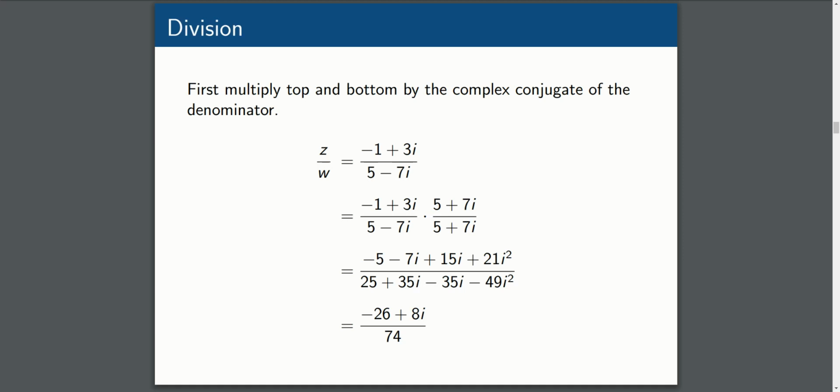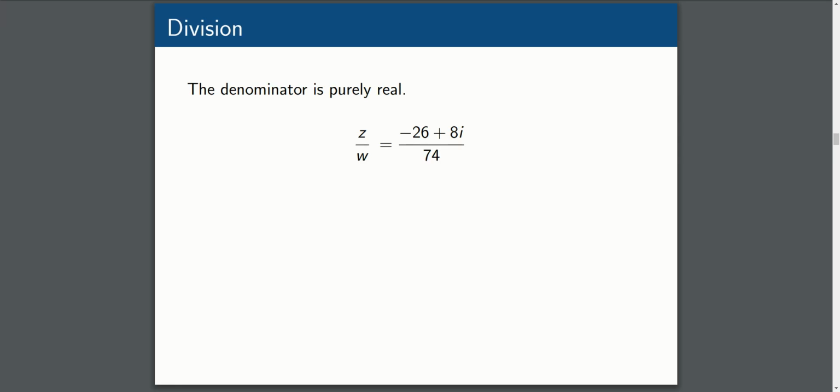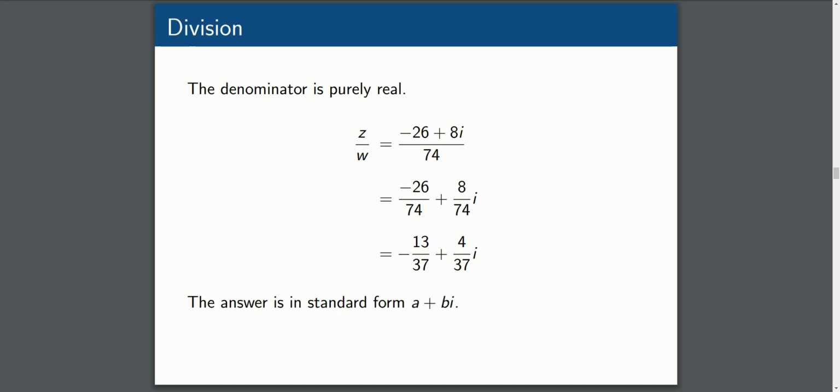This is the reason that I set the problem up the way that I did. Once I have a purely real denominator, I'm going to be able to break the top of the fraction up into two parts. Okay, I did that here. And then it turns out each of those parts actually can be simplified. There's some common factors in the top and bottom. Okay, so after dealing with all of the fractions, I get this as my final answer.